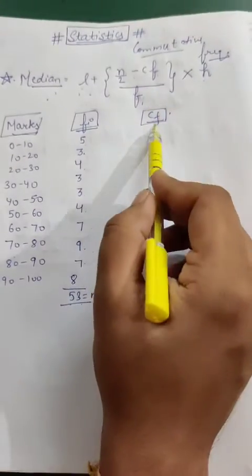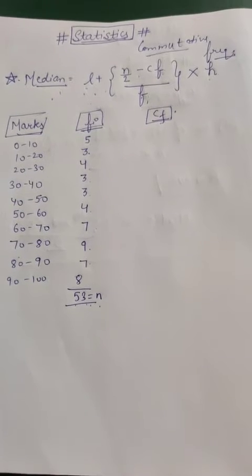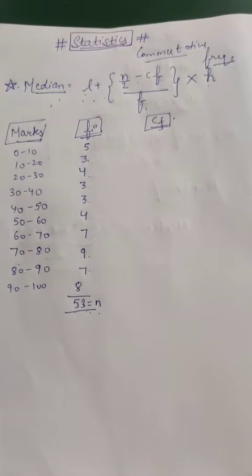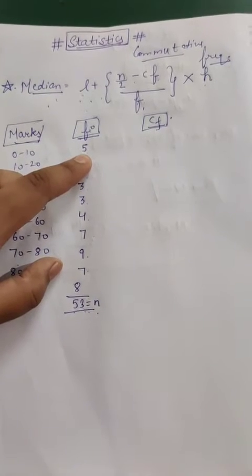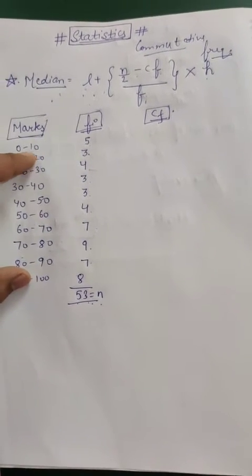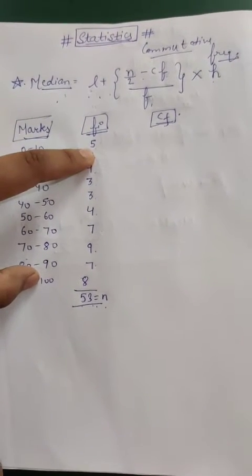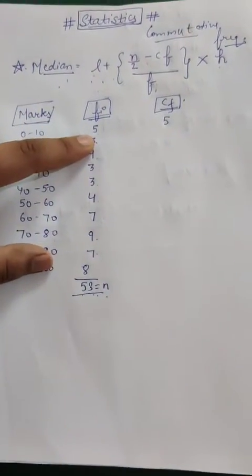Now here you have to find the cumulative frequency. What do you mean by cumulative frequency? Cumulative frequency basically comes in the concept of the median. In the interval 0 to 10, the frequency is 5. So if I ask for less than 10 marks, the frequency is 5. So we will write here 5. This is less than type.